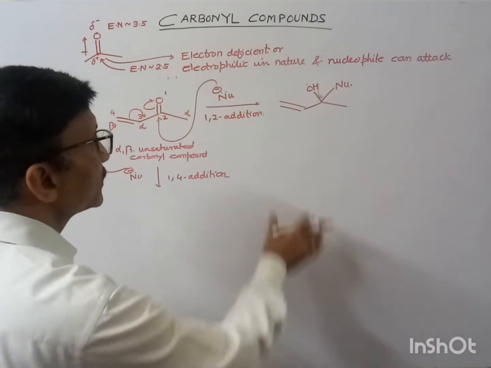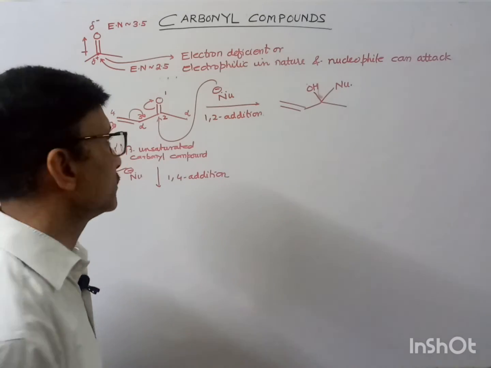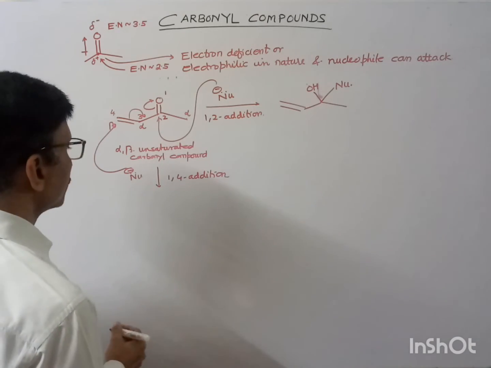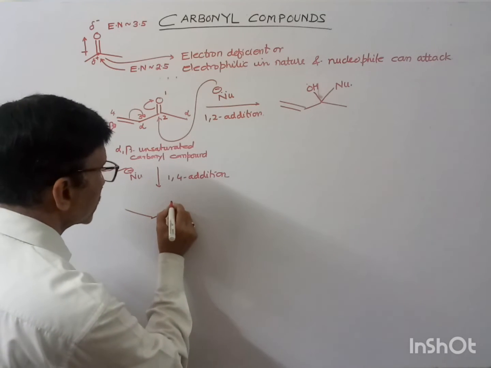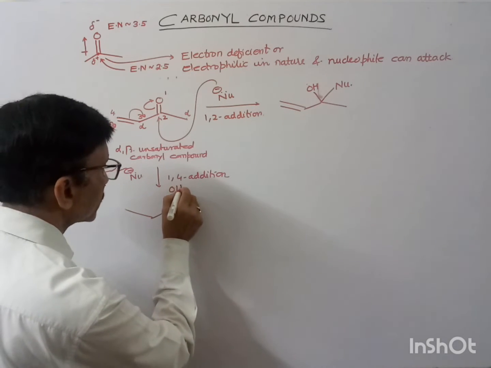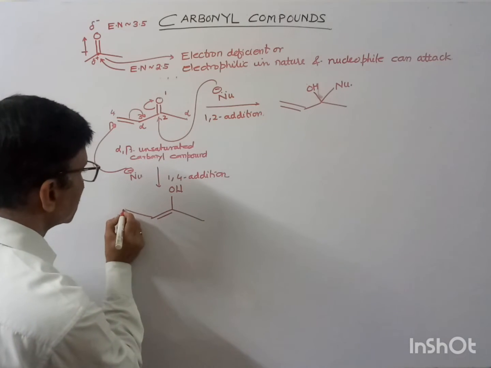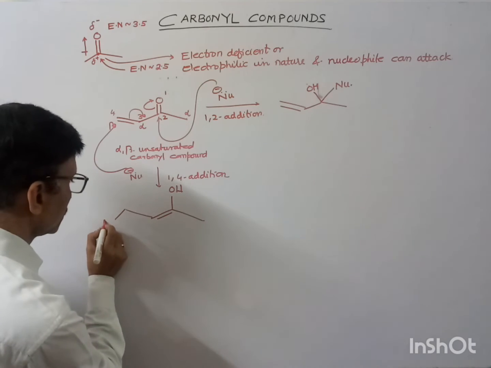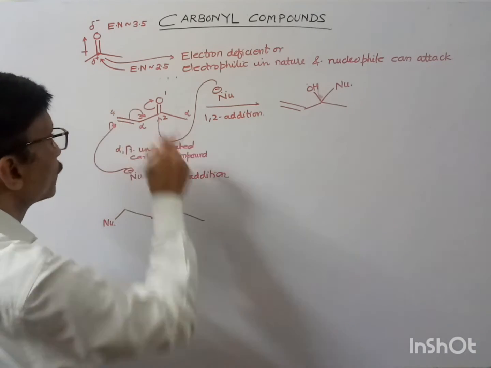So no doubt here the 1,2 addition product would be the kinetic product, and the 1,4 addition product that is formed is the thermodynamic product. So the product that I will get over here would be like this. The nucleophile will add at this fourth position.